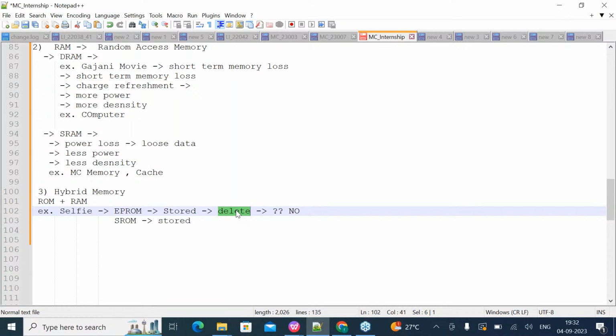Is it feasible? I have my mobile phone in my hand and there is an EPROM in it and I want to delete some data. Are you really going to pass the UV rays and delete it? Is it feasible? Obviously no. Right, everybody?